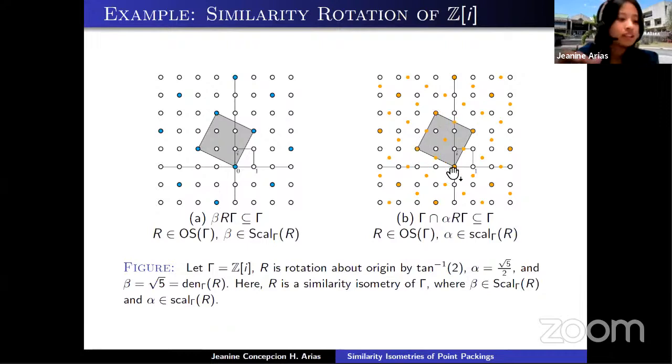This illustrates the second definition, and alpha is in small skull gamma of R. So this is the difference between the first and the second definition, big skull and small skull.